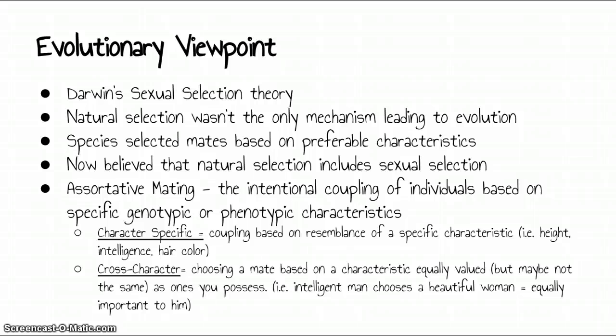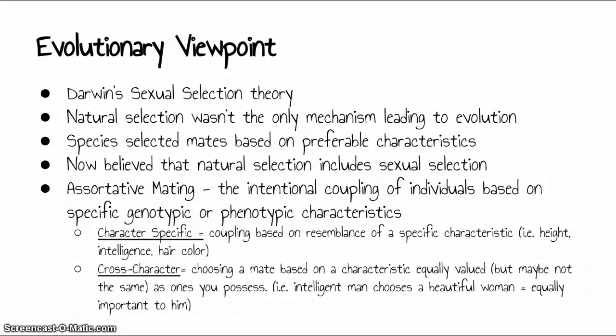So species will select their mates based on preferable characteristics that they find are going to better support and help themselves in the end. So today we believe that natural selection includes sexual selection. They're not two different areas that lead to evolution, but rather the same thing, just a subtopic of another.